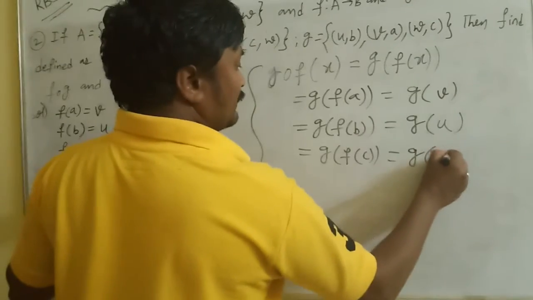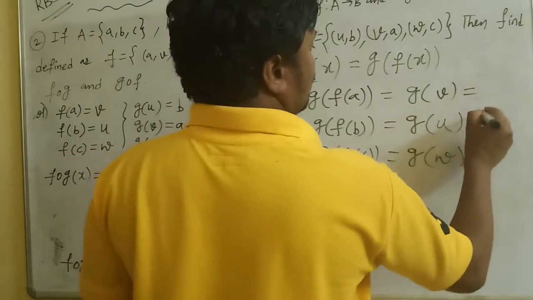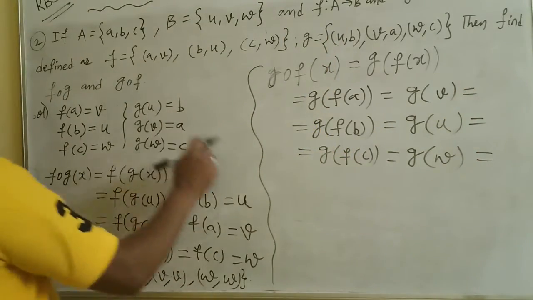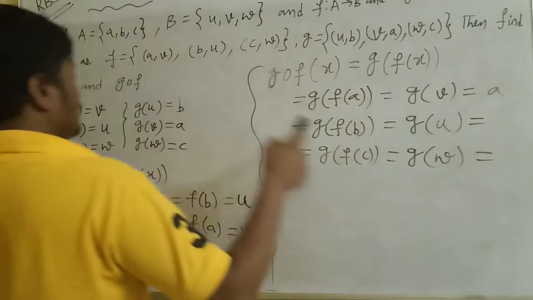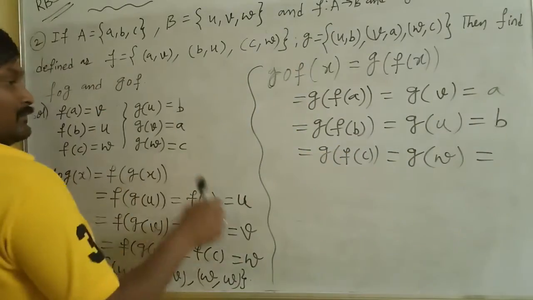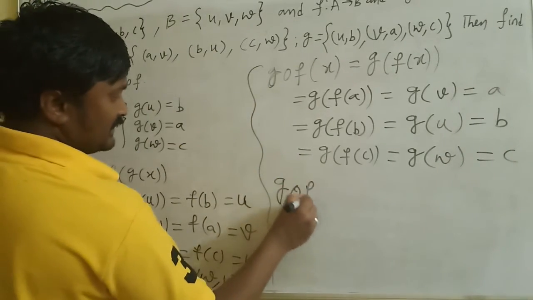So after writing this, I'll just say the values of this. What is G of v, G of u, G of w? So G of v is nothing but a, G of u is nothing but b, G of w is nothing but c. So at last, what is our G circle F?